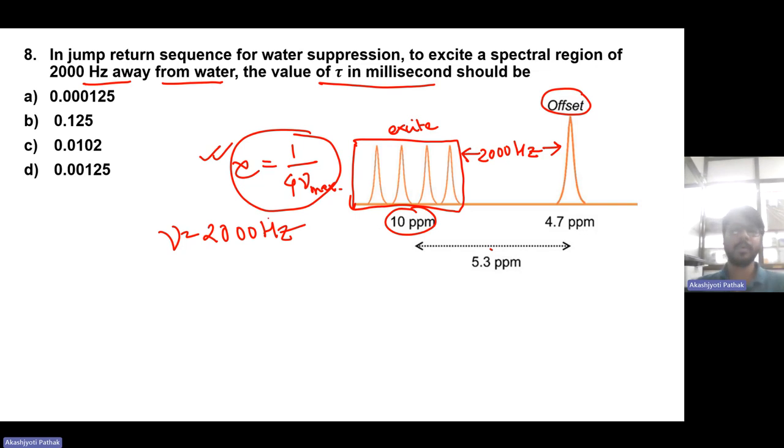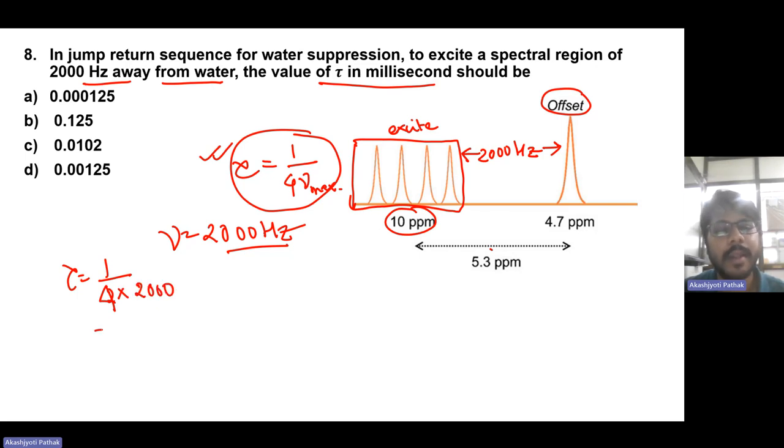Remember that nu is the frequency that is away from the offset frequency. Away from the offset frequency, that is 2000 hertz.